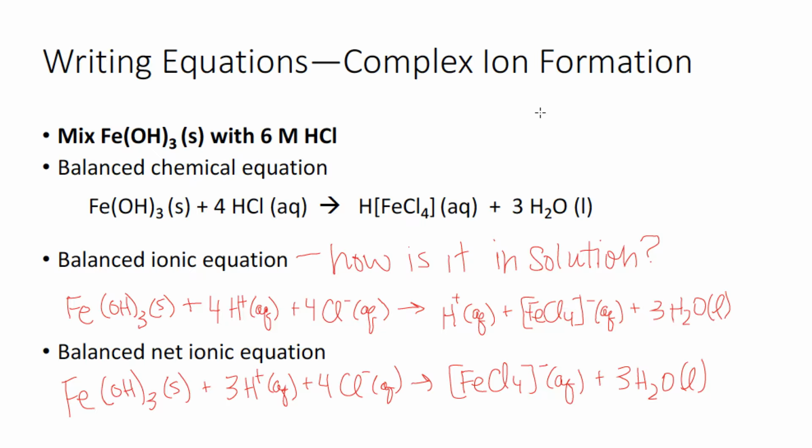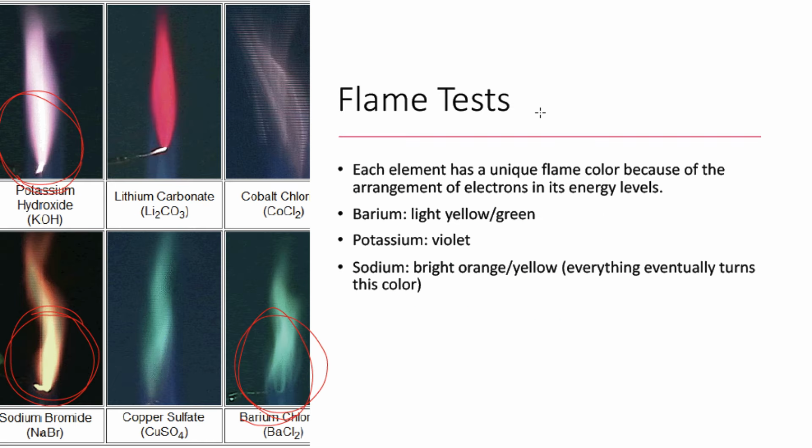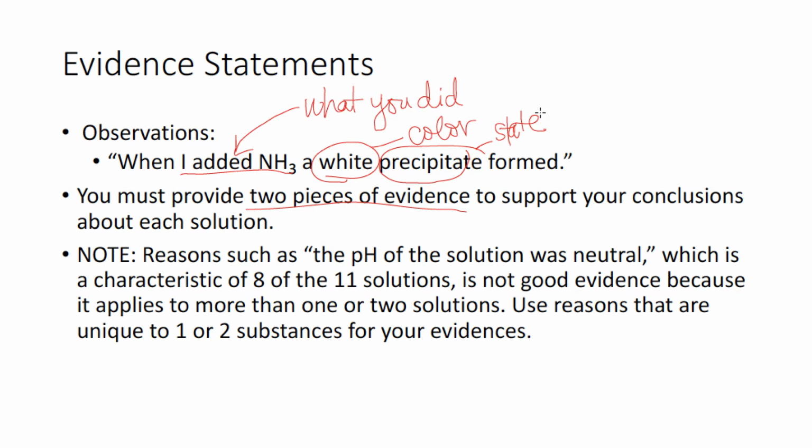So if we were writing an evidence statement for this, we might say something like, when I added hydrochloric acid, the red solid dissolved and a yellow complex ion formed. So note that I said what I did and then what happened, both the color and the state of matter. So those are the evidence statements that you need.